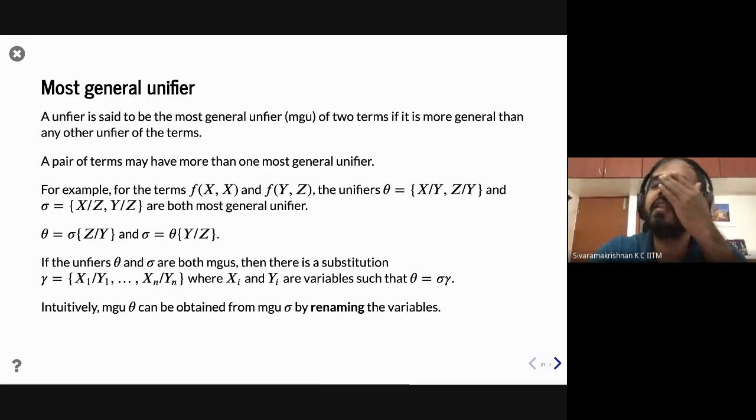The other case when neither exists. Oh, I see. So you have two unifiers, but they are not comparable. You can have two unifiers.